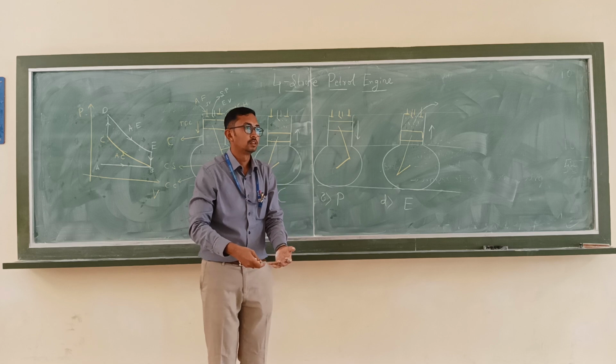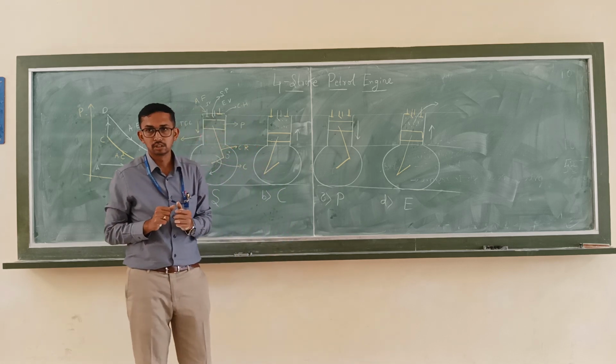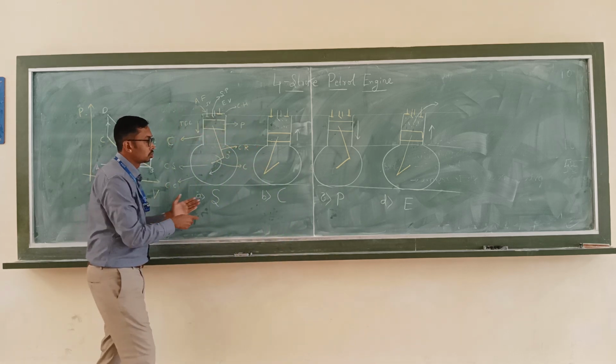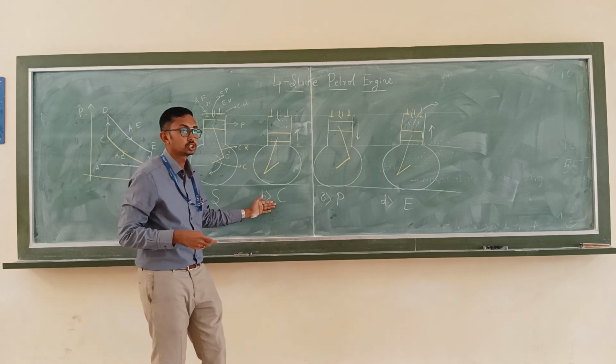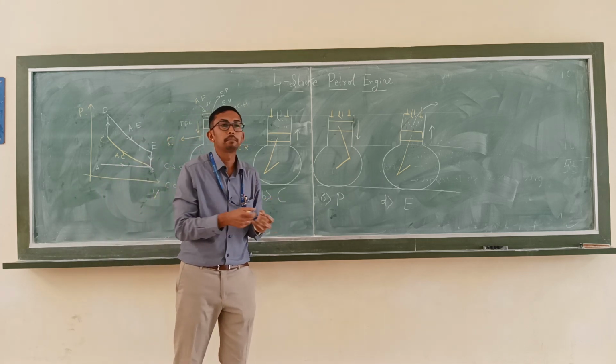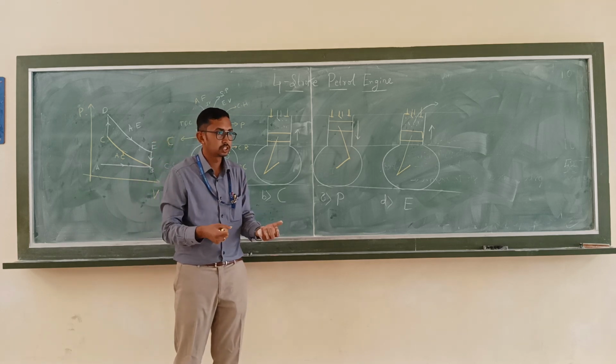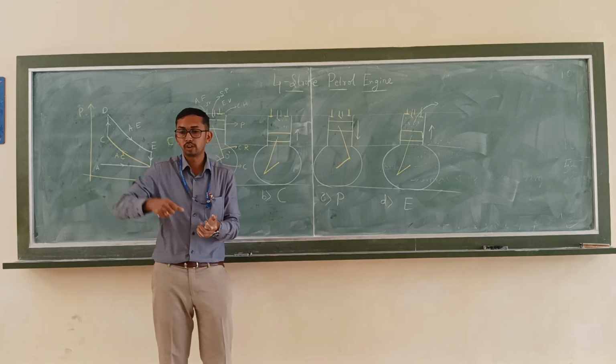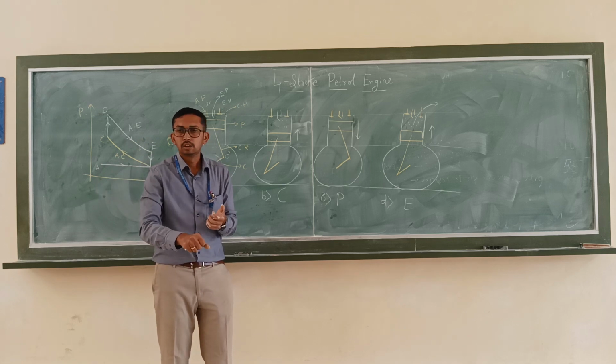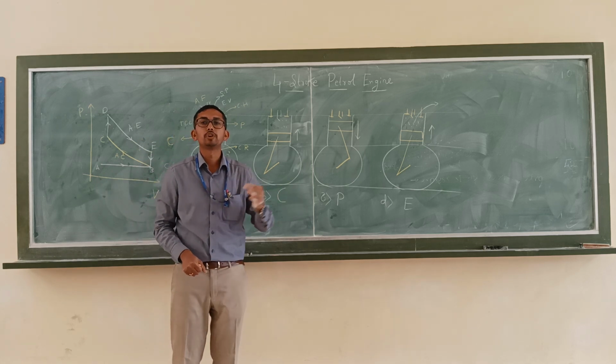So in the beginning, when you are going to start the engine, the suction stroke and compression stroke will be powered with the help of batteries, right? All of you have batteries to start the engine, or we kick it. Okay. So initial energy we are going to provide.